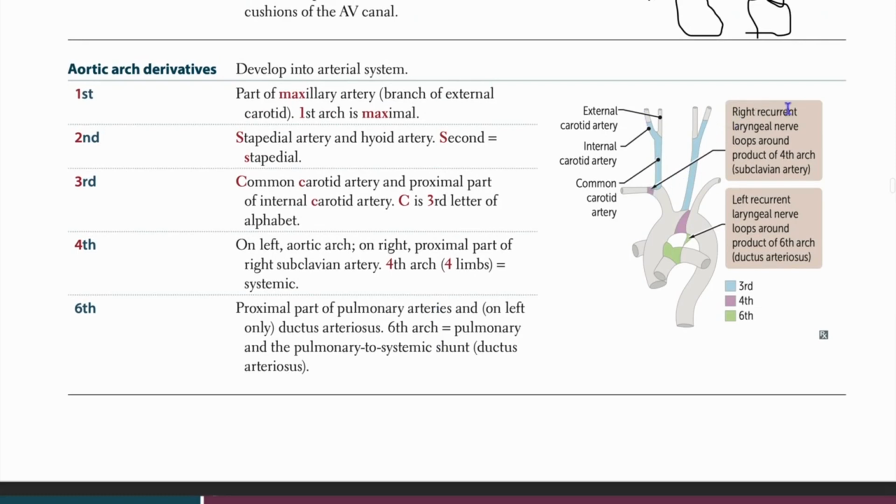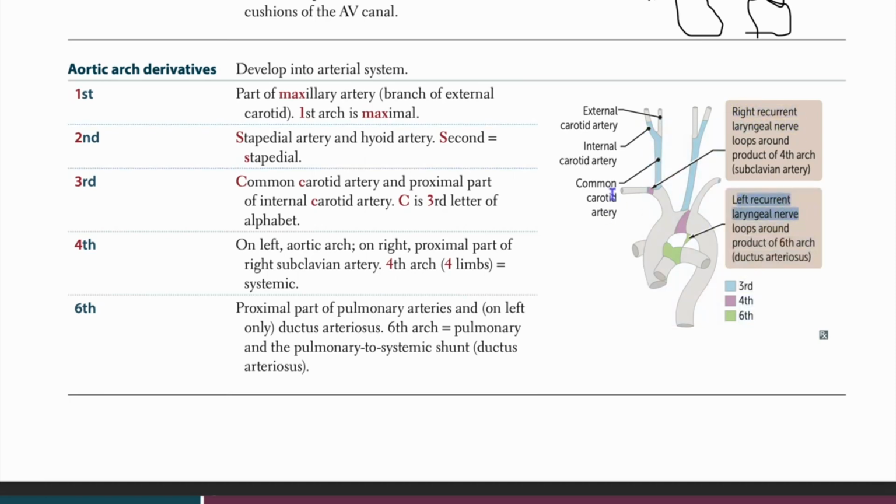So here you have right recurrent laryngeal nerve loops around product of fourth arch. Okay, so the fourth arch is right subclavian artery. So right recurrent laryngeal nerve goes around it or loops around it. Remember that. It's part of an anatomy question. And then you have left recurrent laryngeal nerve. Okay, so this was right recurrent laryngeal nerve, and this is the left recurrent laryngeal nerve.